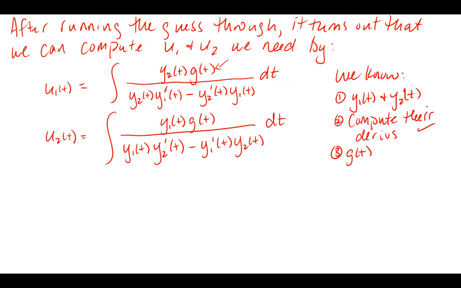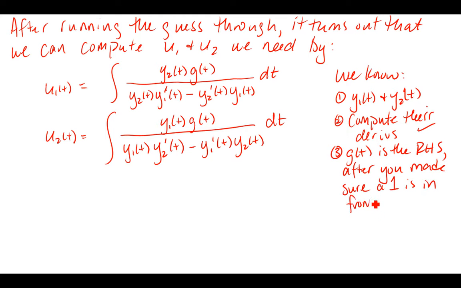Okay? So whatever your ODE turned out to be, this g of t is whatever's on the right side after you've fixed it. So g of t is the right-hand side, the RHS, after you made sure a 1 is in front of the y double prime term.